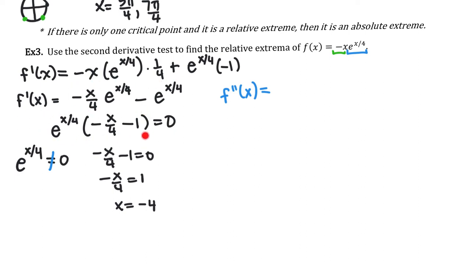So let me do it from this step. If I do it from that step, then the first function is e to the x over 4. The derivative of this is negative 1/4, plus the second times the derivative of the first, and then times 1/4.